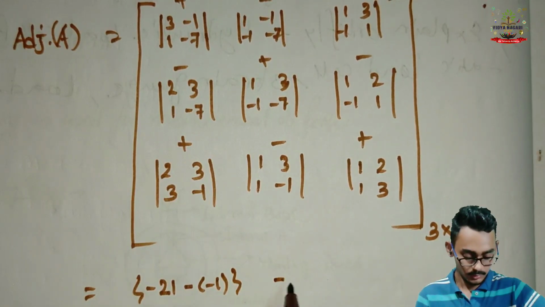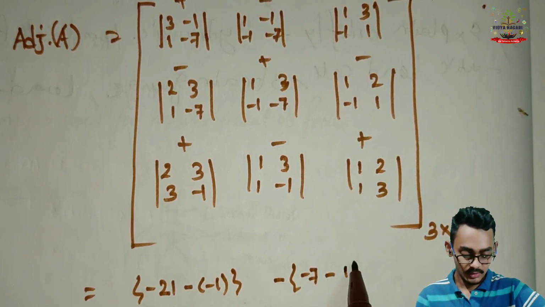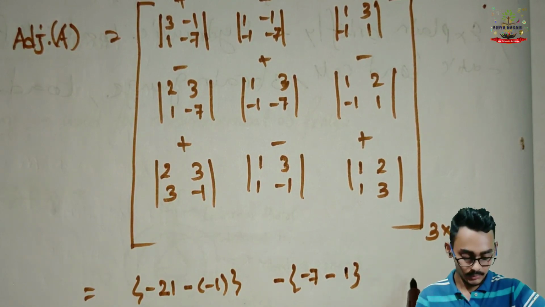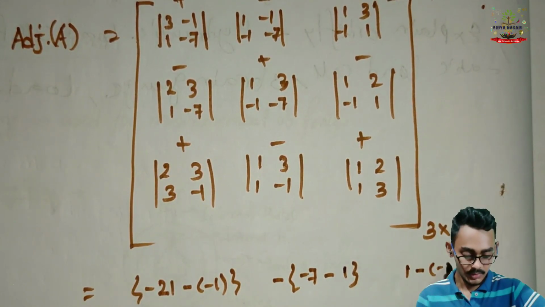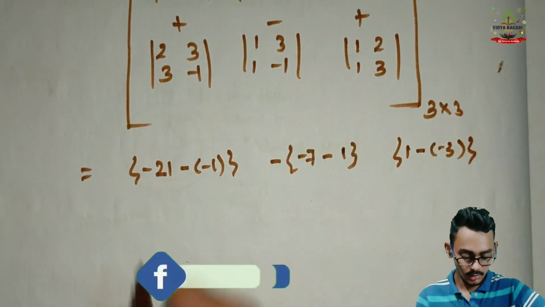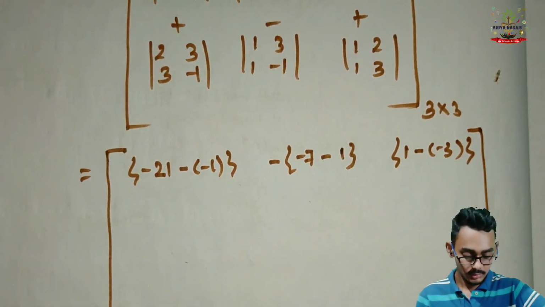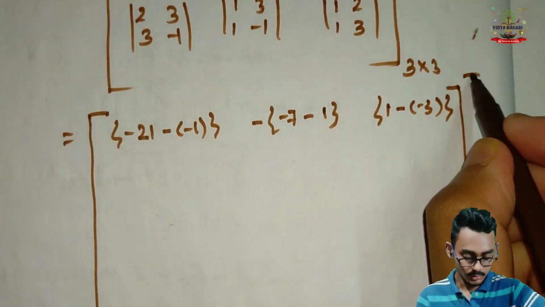Then the second element, minus 7 minus 1. And for the third element, 1 minus 3. Here I give the transpose.